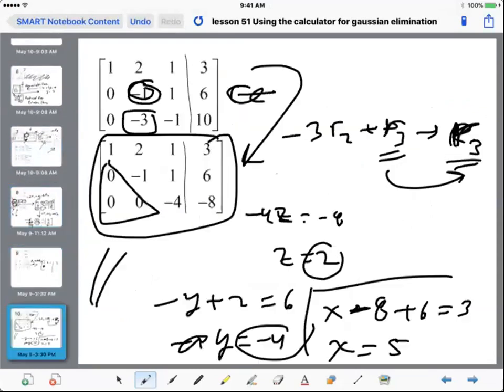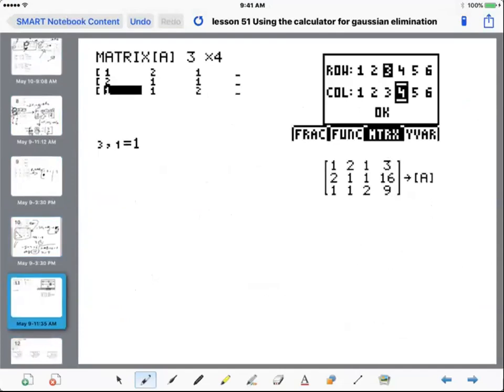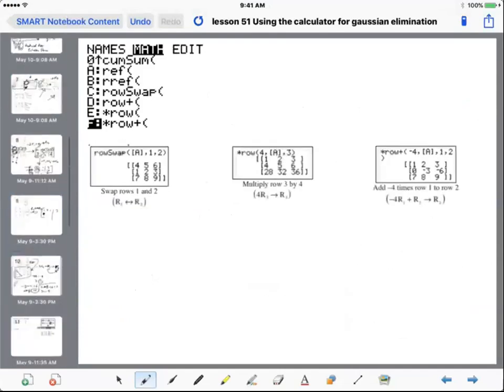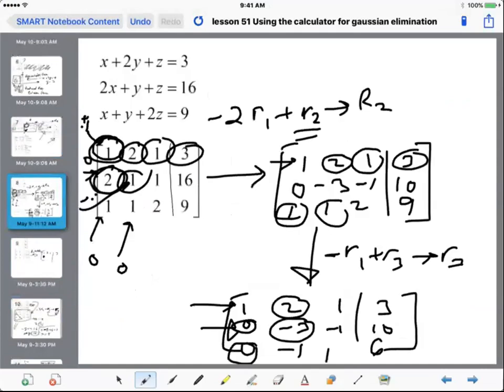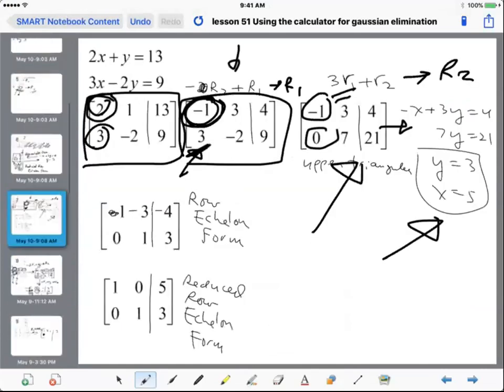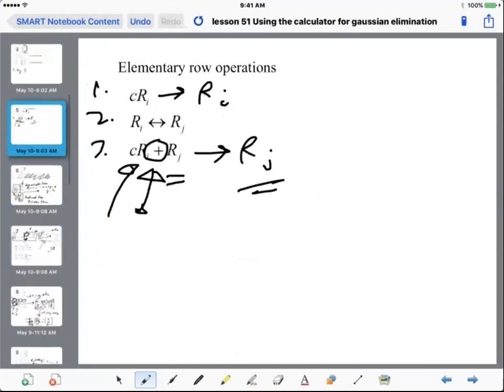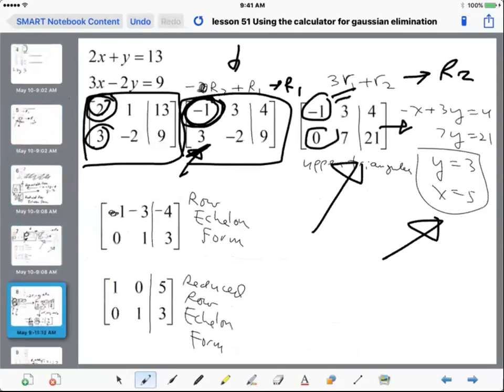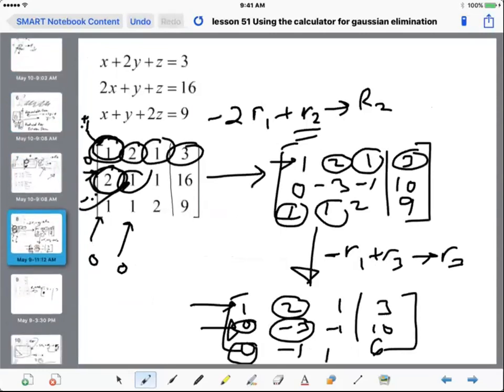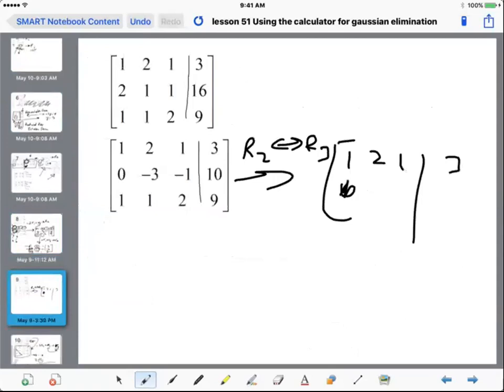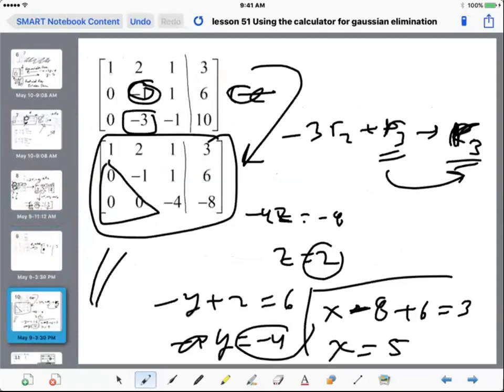This thing over here, when I did it, where is it? Maybe it's back here. I don't know where it went, but I thought that it was 5. Yeah, over here. So the problem was, it was negative y plus 2. Oh, the -4 was right.